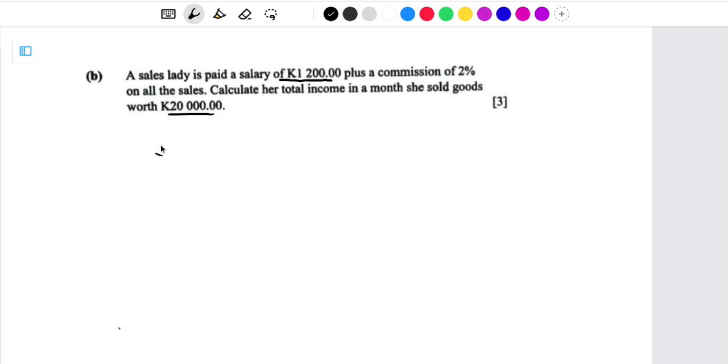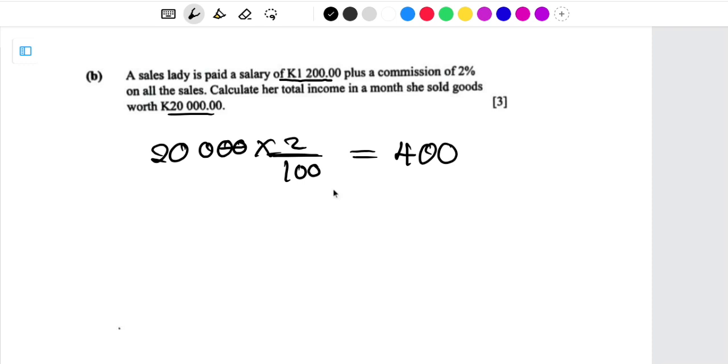So I'm going to say 20,000 multiplied by 2 divided by 100, because the percentage is always over 100. So these zeros are going to cancel each other. Then when I multiply 200 multiplied by 2, I'm going to get 400. So to know the amount that she's going to receive, since she receives 1,200 per month, we're going to add it plus this commission.